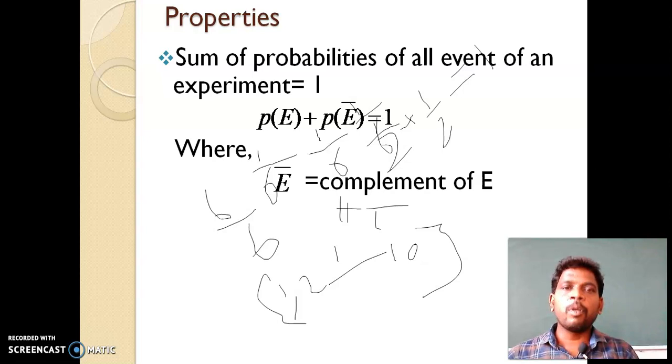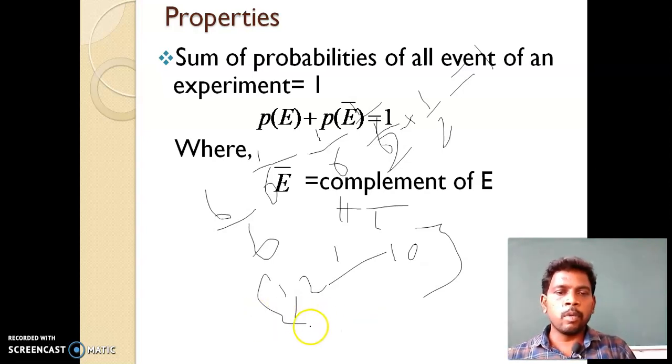Now I am going to take only prime numbers. The question is, what is the probability of getting prime numbers out of 10 numbers? What are the prime numbers, starting from 2 onwards? 2, 3, then 5, then the next one 7. That's all, isn't it?